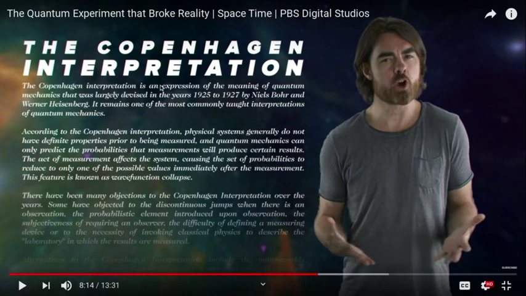I just want to kind of read this without him for a second. The Copenhagen interpretation. Let's just get a piece of this. The Copenhagen interpretation is an expression of the meaning of quantum mechanics that was largely devised in the years 1925-1927 by Niels Bohr and Werner Heisenberg. It remains one of the most commonly taught interpretations of quantum mechanics.